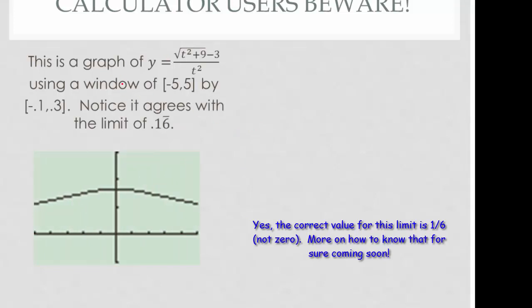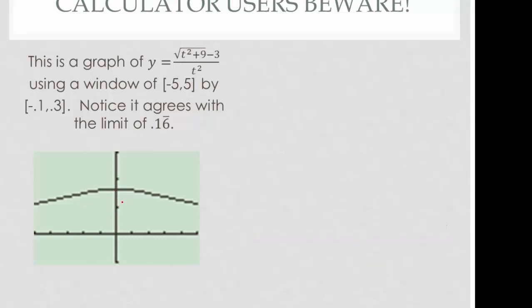If you take a look at this using a window, this is -5 to 5 on your x-axis. This is -0.1 to 0.3 on the y-axis. So these tick marks on the y-axis are a 0.1 scale. If you look at this scale, it agrees. This is 0.1, this is 0.2. So yeah, this seems reasonable to be about 0.16 repeating.